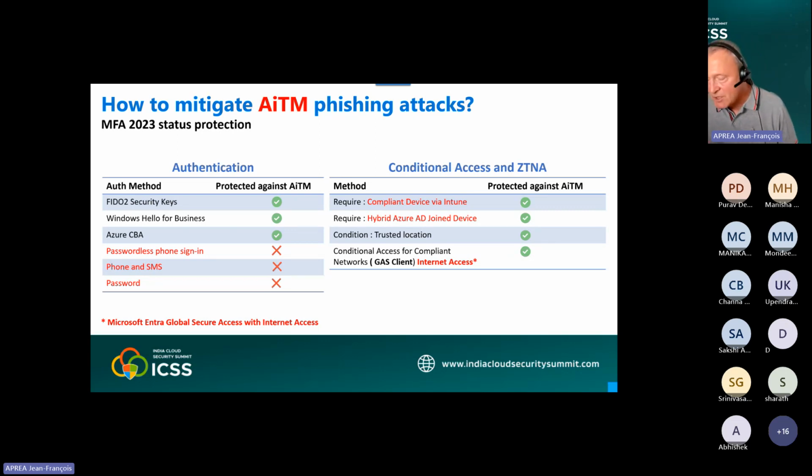You can play with trusted conditions. So we can see that all is done by Microsoft to have a protected environment if you use ZTNA solution, for the moment in preview, of course.